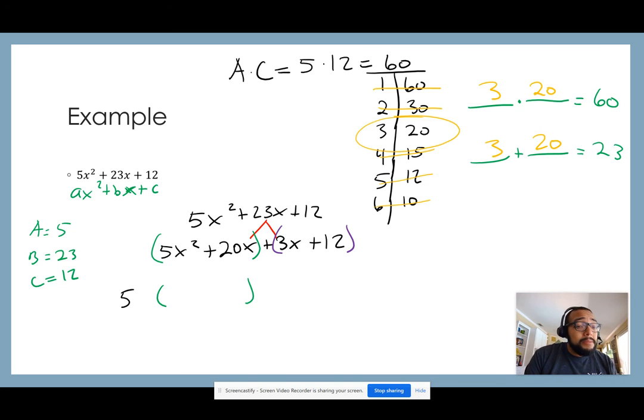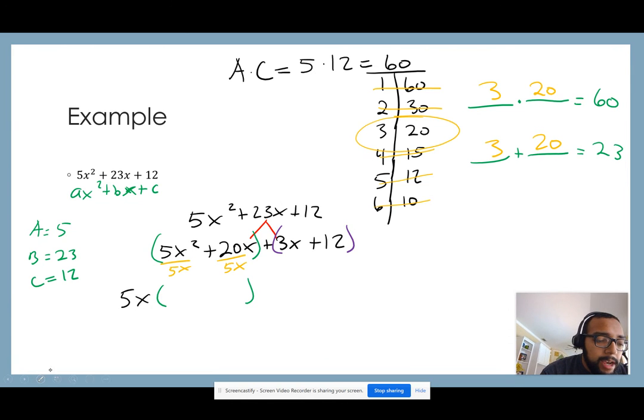I can, because the first term is an x squared and the second term has an x. So that means here when I divide by 5x, I'm going to end up getting an x plus a 4. Again, you can test yourself by distributing that 5x back in the parentheses.